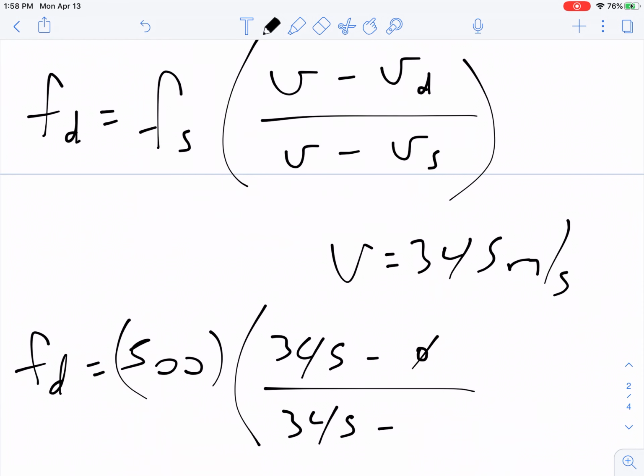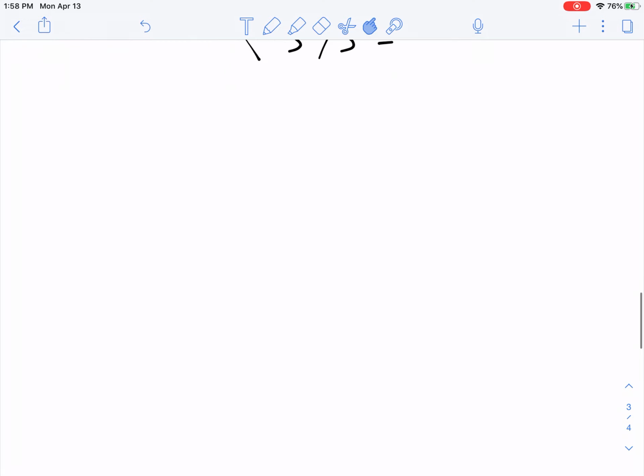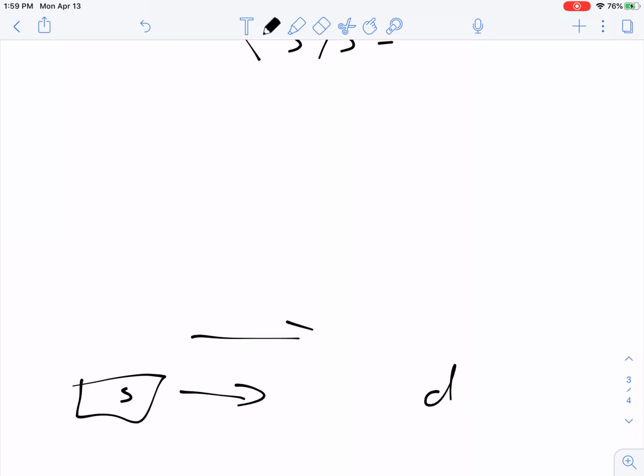So what is that going to look like? Well, let's go find a picture here. In that case, the source is moving like this. Here is the detector. So the sound is going to be going this way. The source has a positive value because the velocity is positive.